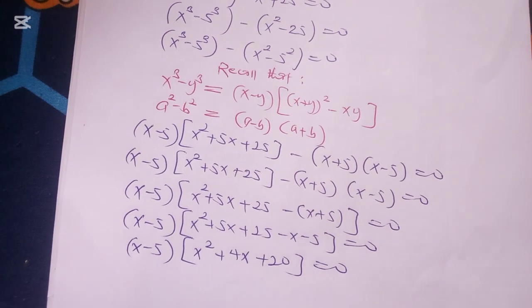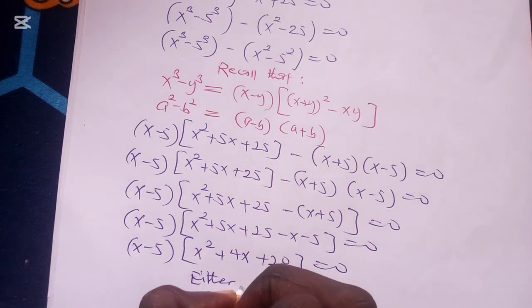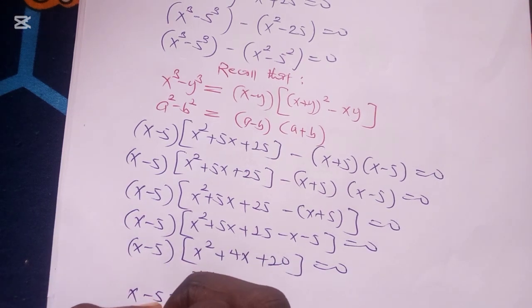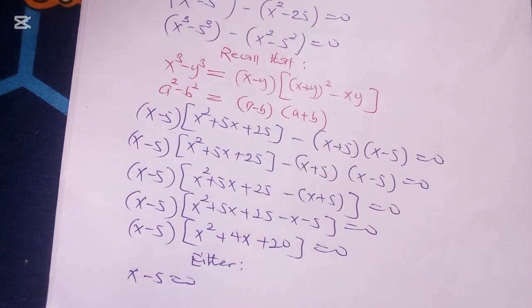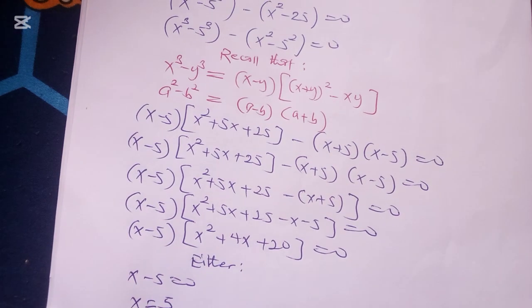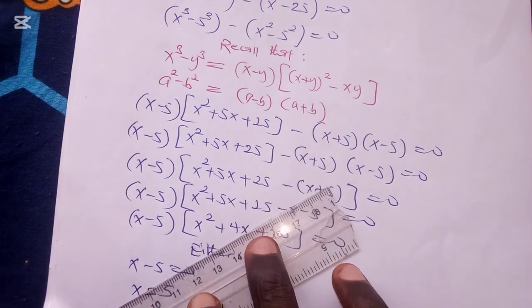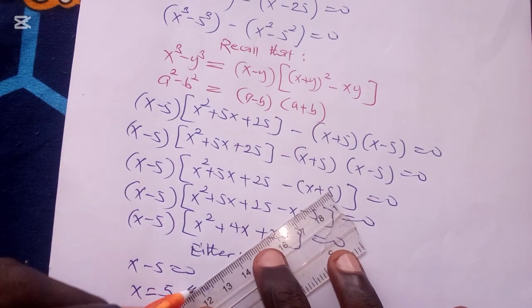Then from this we can say either x minus 5 becomes 0, then the value of x here becomes 5. So this is the first value of x that we have to find.